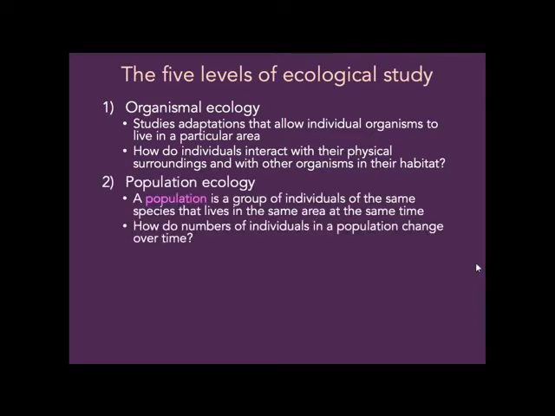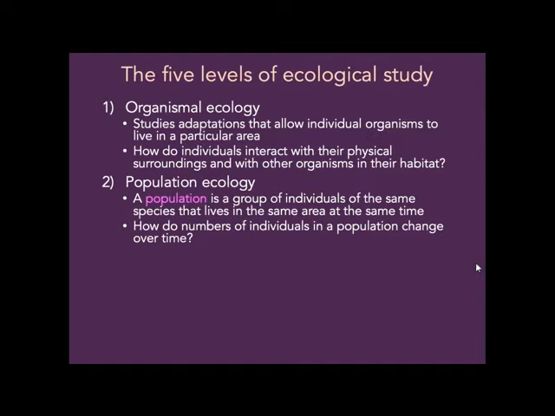All right, one level up from that is population ecology. We've talked about a population before when we were talking about evolution by natural selection, but let's redefine. A population is a group of individuals of the same species that live in the same area at the same time. So a population is smaller than a species.